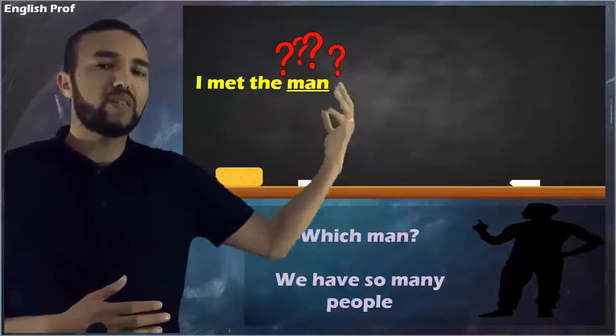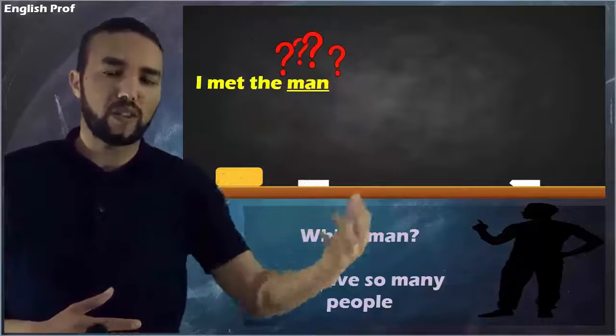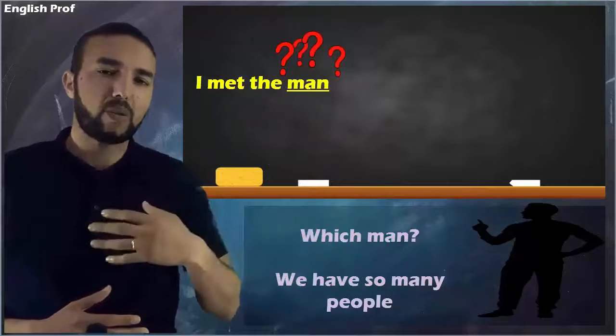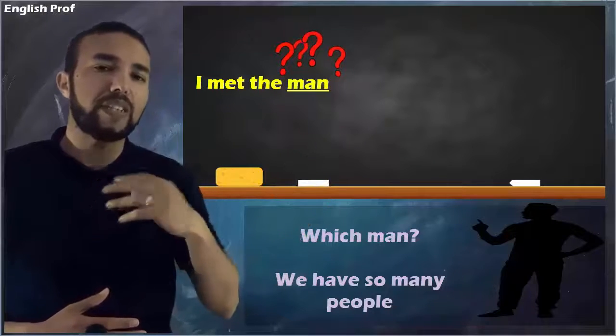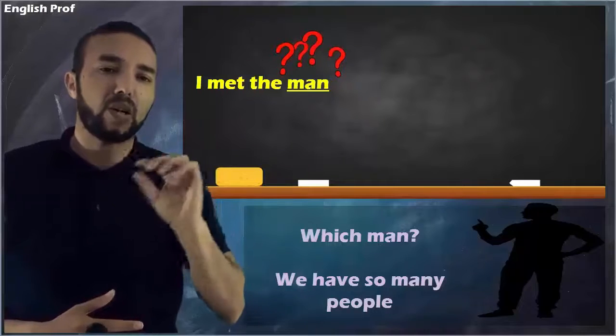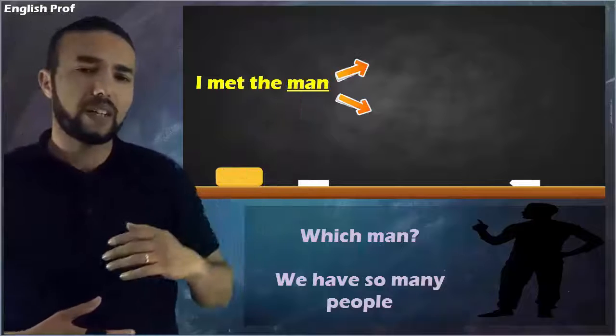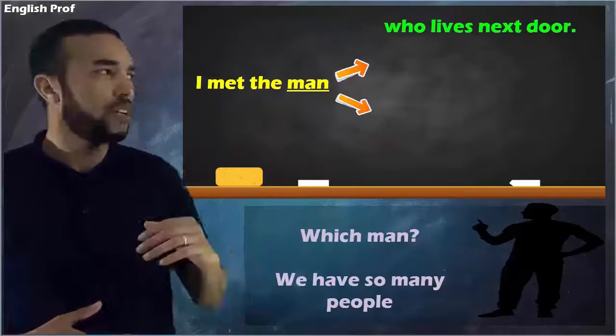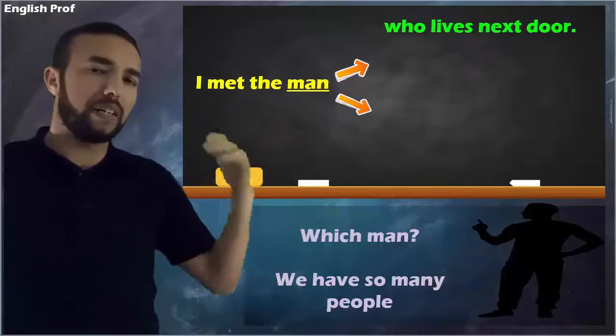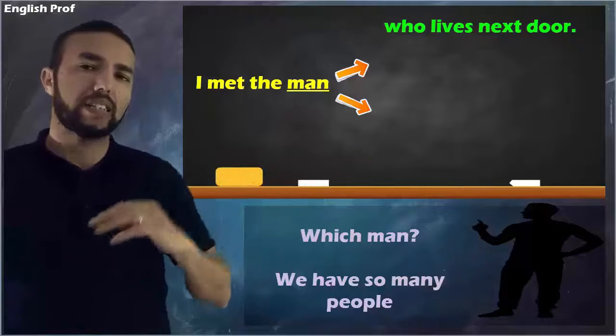You need to give us more information about the man. You need to modify it. You need to specify or to categorize. For example, I could say, I met the man who lives next door. Or I could say, the man who had the accident.